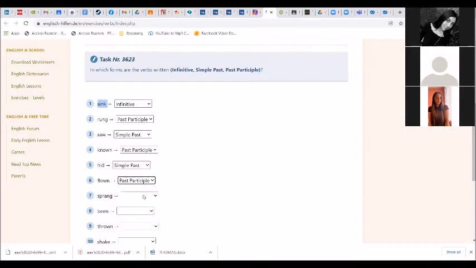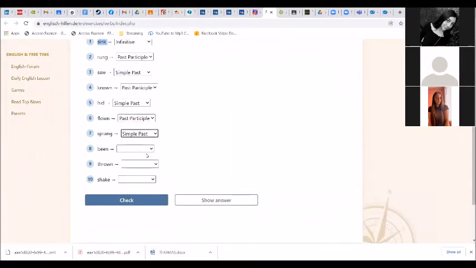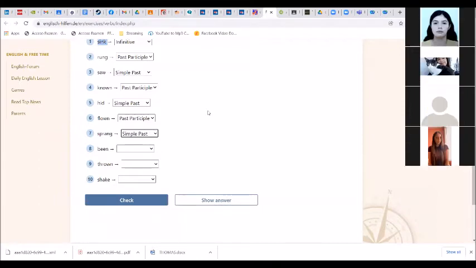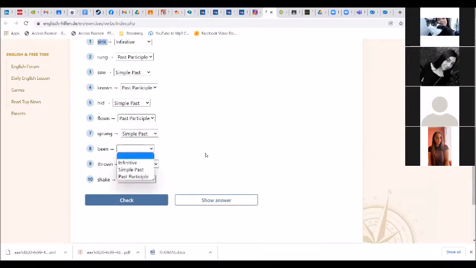Brenda. Yes, teacher. Simple past. All right. Spring, sprang. Correct. All right, 3 more to go. Raise those hands, raise those hands. Good. Maria Fernanda, then Fabiola, then Venegas. Maria Fernanda. Past participle, good.